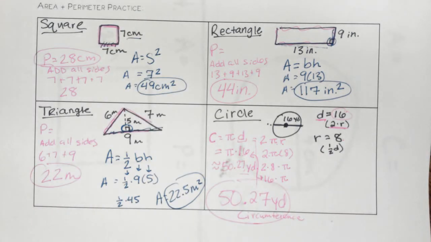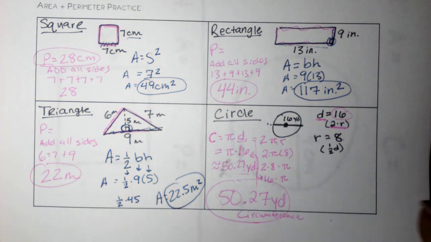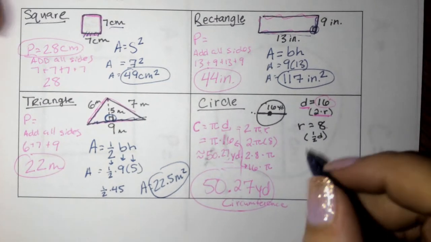And now we'll find the area. The lights are off. That's okay. Now we'll find the area of this circle.